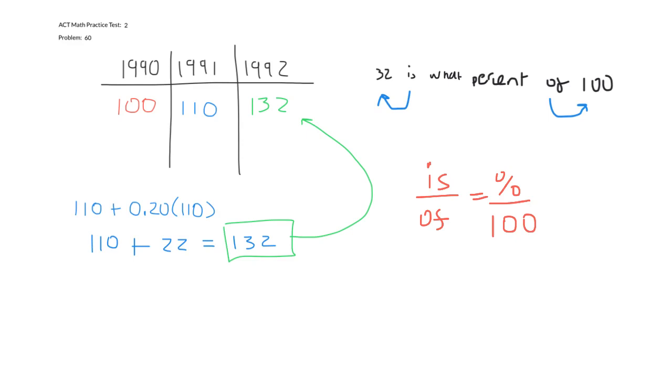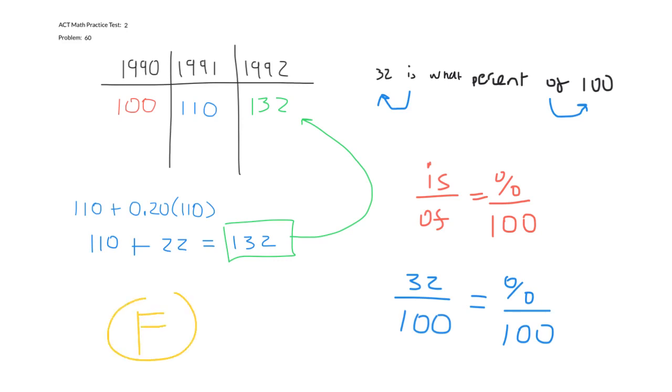And in this case, that would be 32 over 100 equals what percent over 100? Well, this one is easy. We don't even really have to cross multiply because this says something over 100 equals something over 100. So this percent must be 32. So the answer is 32. And that is F. Answer choice F.